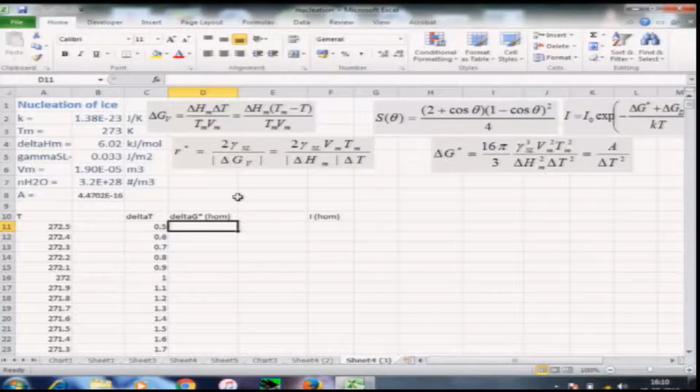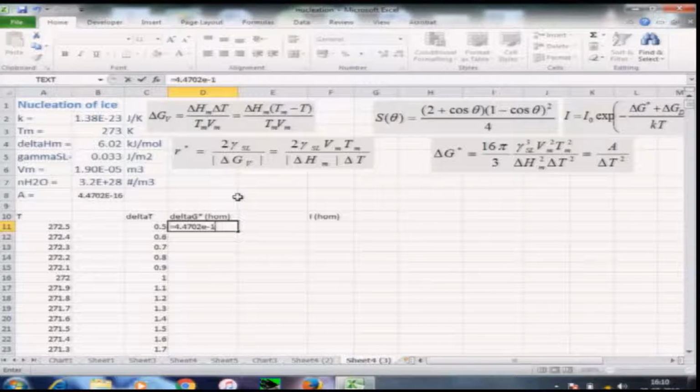So, this is very straightforward. I can put the formula. I put down the value of A, which is 4.4702 10 to power minus 16 divided by delta T square.